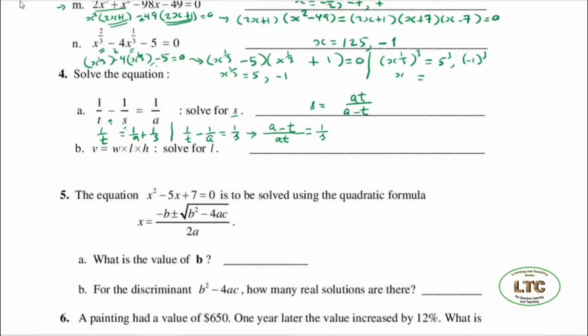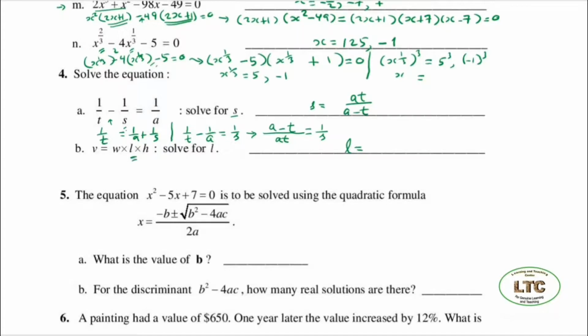Okay, now this one. B, solve for L. I have to change this. So L must be alone on the left. All others must be on the right.